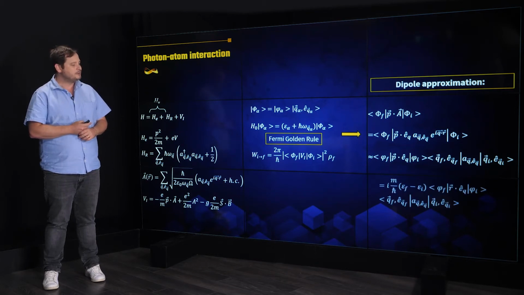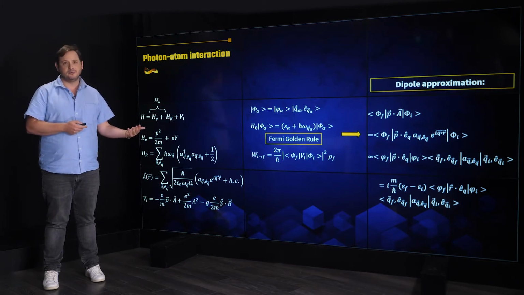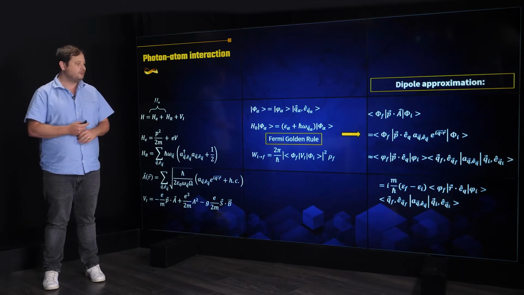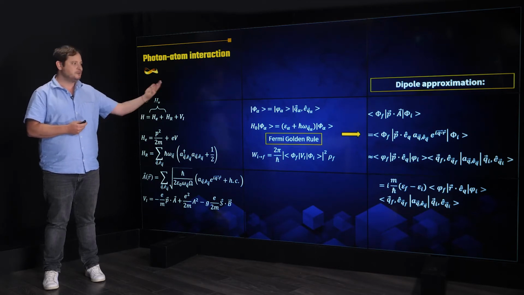And if we assume a centrally symmetric potential, we obtain the selection rules, orbital selection rules, of the excitations of electrons by the photon.